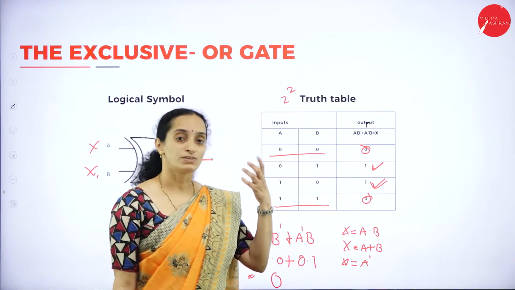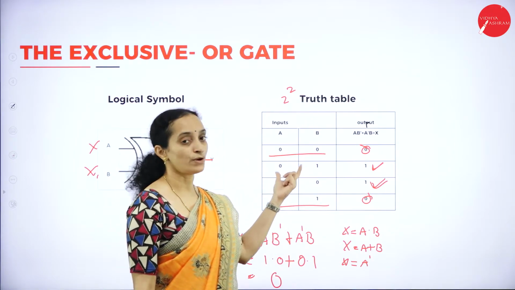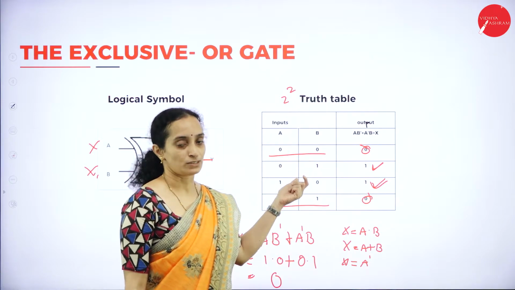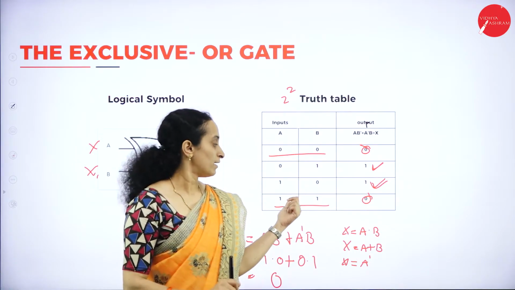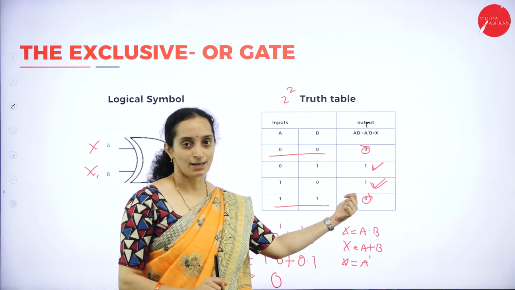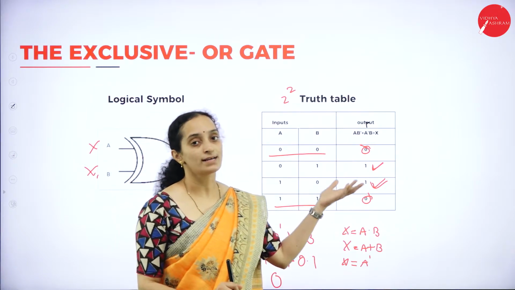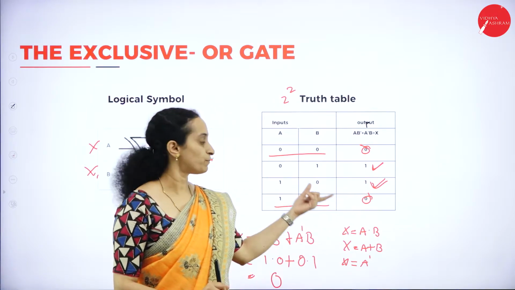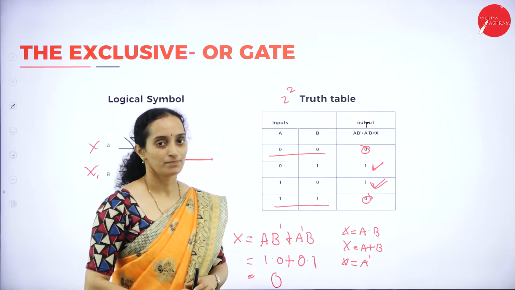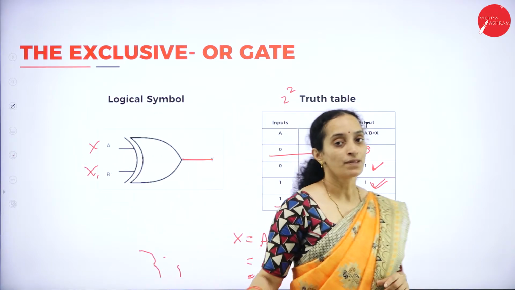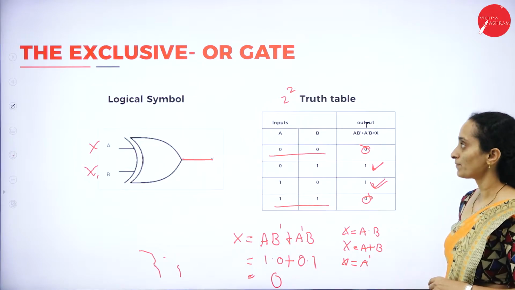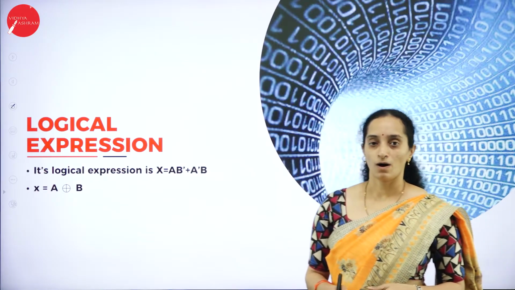That means the switch will be in high state when you have varying inputs for the XOR. And you will get 0 as the output when both the inputs are the same. Okay, this is about the XOR operation or exclusive OR operation.